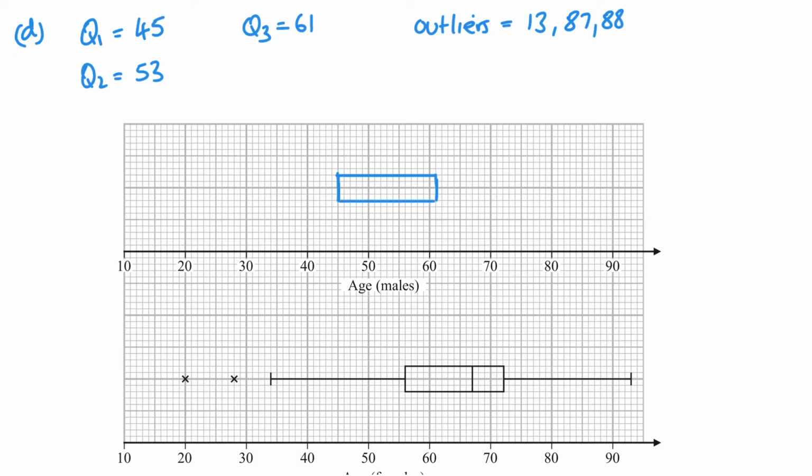Now 53 is my median, so I want to plot that in my box. Now when it comes to plotting my outliers, they're just going to be crosses, and then we've got 87 and 88.